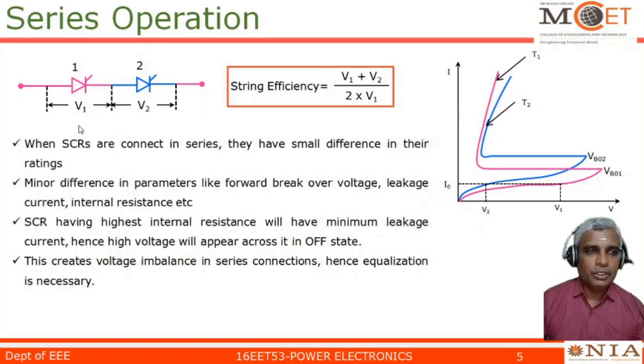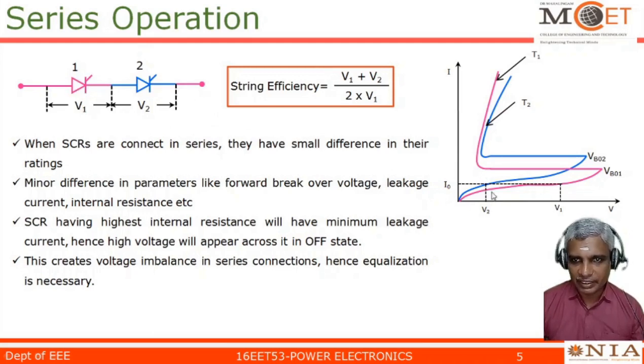Generally, when we connect two or more SCRs in series, they have a small difference in their ratings. You can just look at the colors of these SCRs and their characteristics. This SCR1 is having a voltage withstanding capability of VB01, whereas the voltage withstanding capability of SCR2 is VB02.